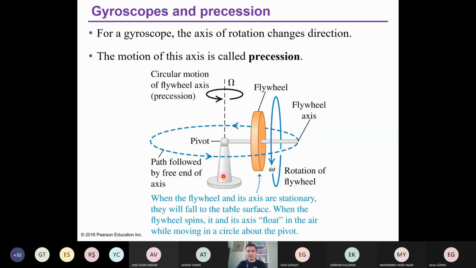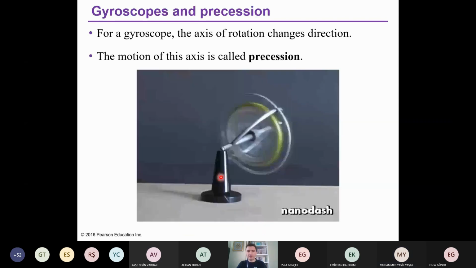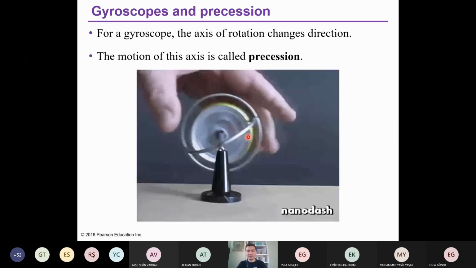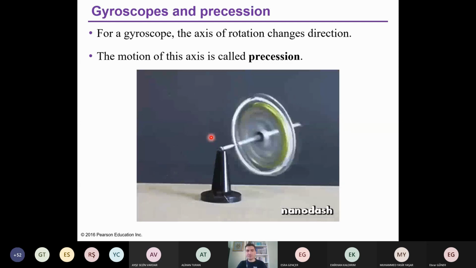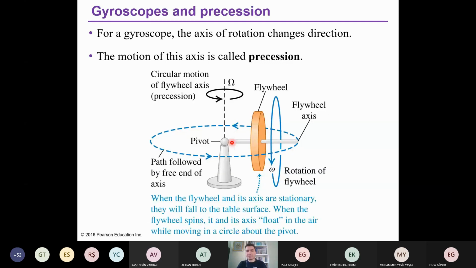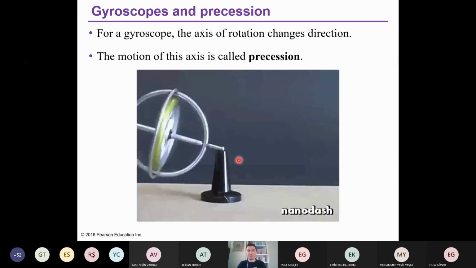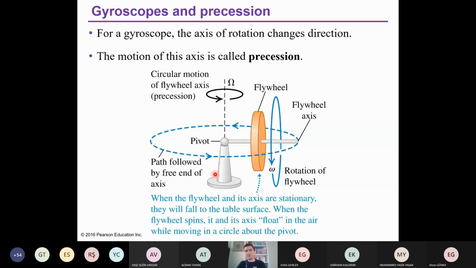We have a pivot, this black one here, and this is the flywheel, the green one, which is rotating around this axis with a certain angular speed, and the total system is also rotating around this rotation axis. This is another rotation axis, and this is the rotation axis of the flywheel.